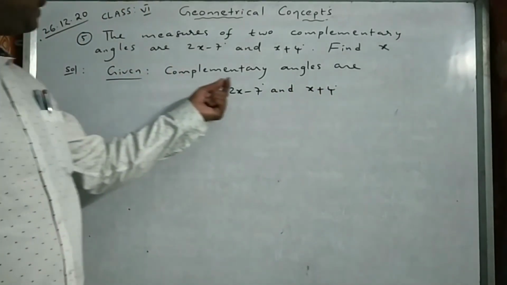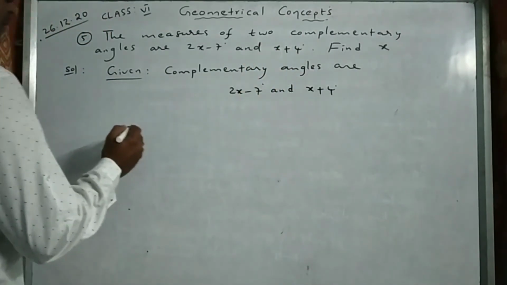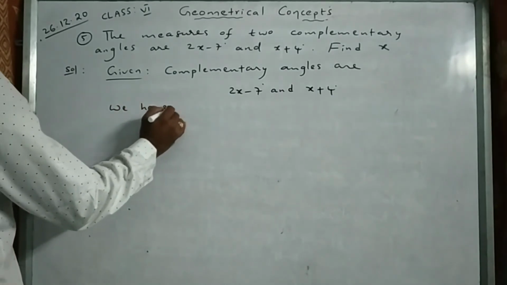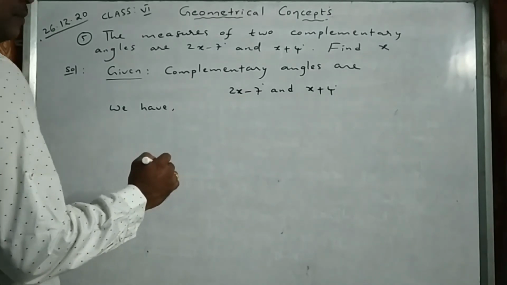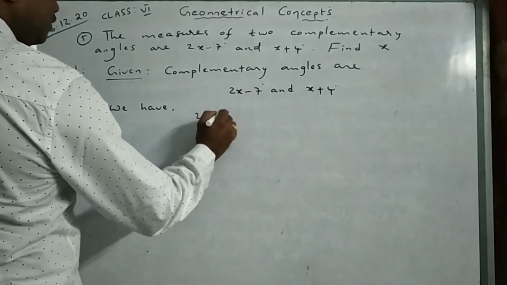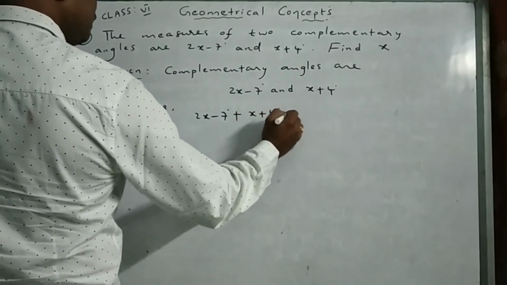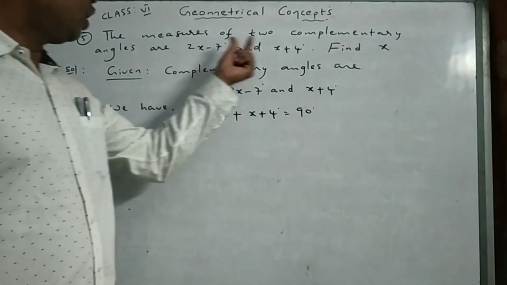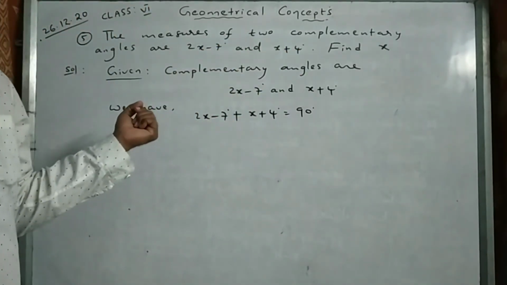As per the question, they are complementary angles. We have the definition. Complementary angles means what did I tell you? The sum of angles must be equal to 90 degrees. So 2x minus 7 plus x plus 4 equal to 90 degrees. When do we say angles are complementary?